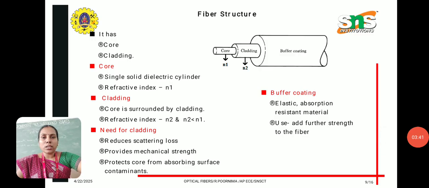Core is the main transmission layer, in which total internal reflection takes place and light travels. It is a single dielectric with refractive index N1. For cladding, the refractive index is N2, which is less than N1. It also reduces the losses and protects the core. So this is the basic fiber structure used in optics.